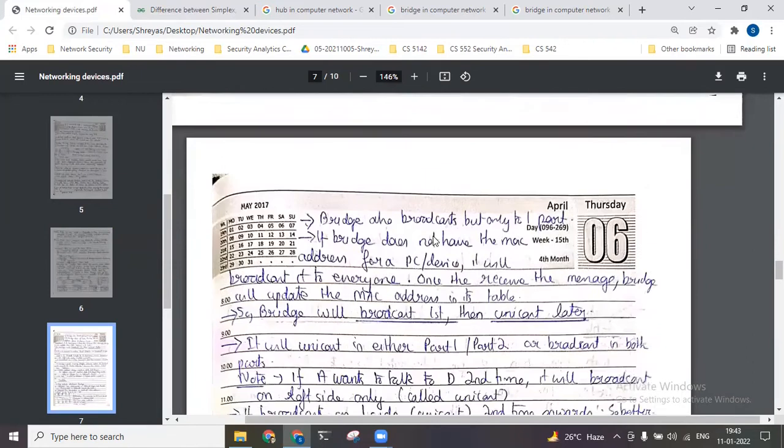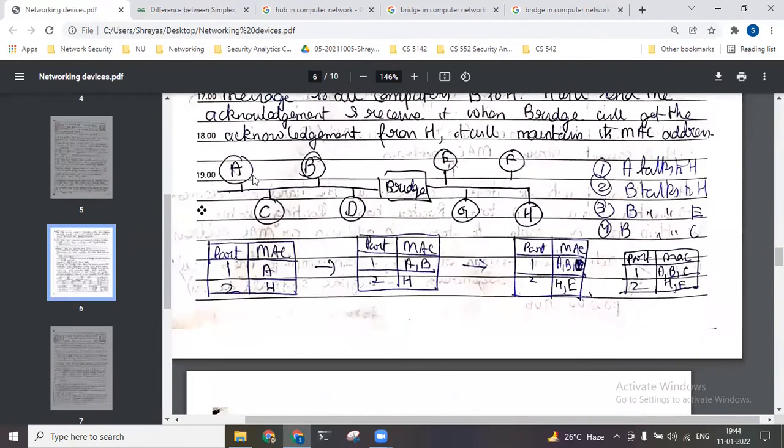If the bridge does not have the MAC address for a PC or device, it will broadcast to everyone. Suppose PC A wants to communicate with PC H, but the bridge does not have the MAC address of PC H. In that case, it will be broadcast in both collision domains, the first as well as the second.